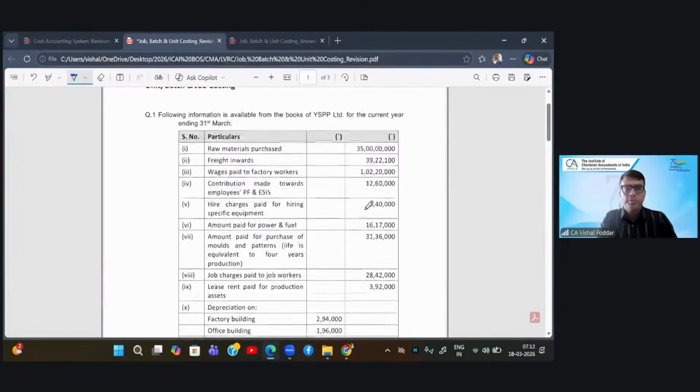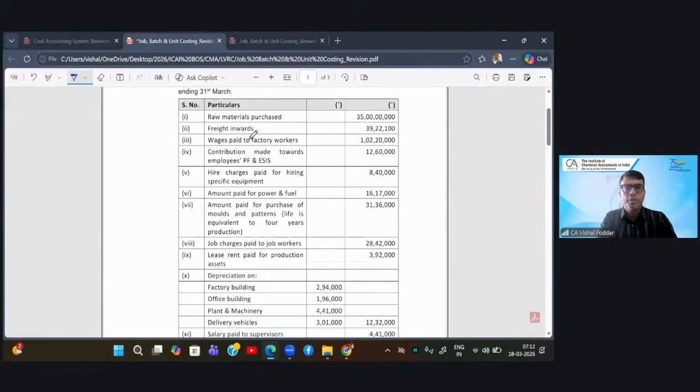Fine, beta? Now, students, this is the most comprehensive job costing sum I have found, so I've taken it over here for our practice and revision class. Kindly go through this and just mark where each of these items will fall in the cost sheet.